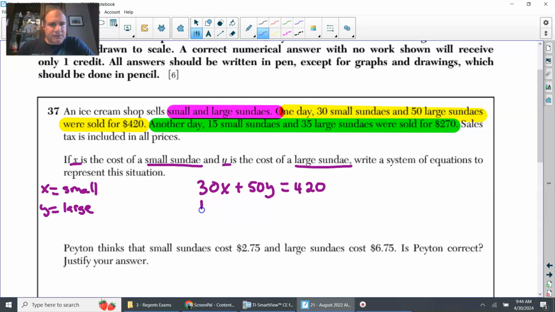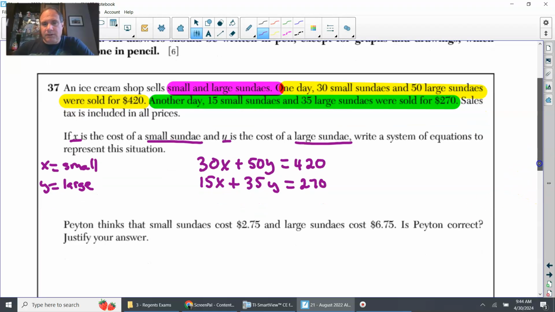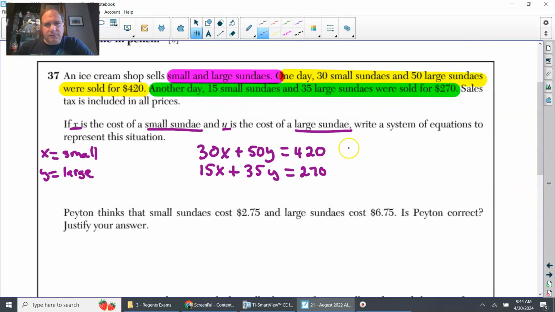Another day, 15 small, plus 35 large, equals 270. You got some points right there. That's it, right? That's the system. The first day, and the second day, or the next day.